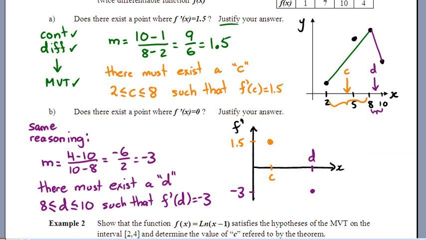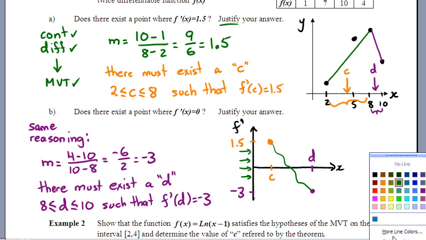If you think about it, this graph is going to have to make its way through that x-axis. We're going to have to hit every single y value at least once in between 1.5 and -3. That's actually a theorem we know already, the intermediate value theorem, right? The in-between y value theorem.